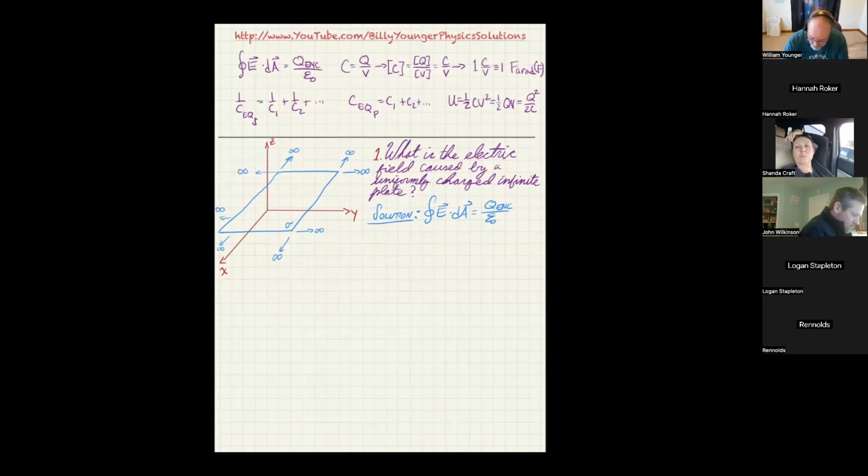So in this case, we have an infinite plane. And what we have to do is we have to have some knowledge that we've gained from working with Gauss's law, or more formally, before that, we worked with Coulomb's law to figure out how certain charge distributions created electric fields of certain shapes. And what I mean by a certain shape is you should always be able to imagine, for a certain charge distribution, what would a surface look like on which the electric field is a constant.